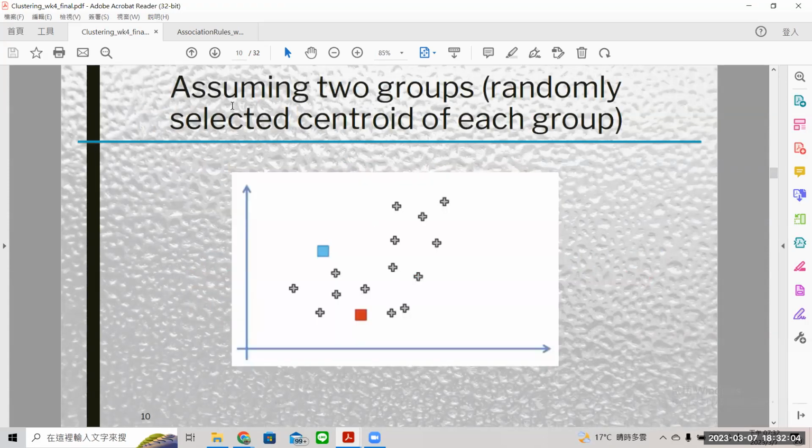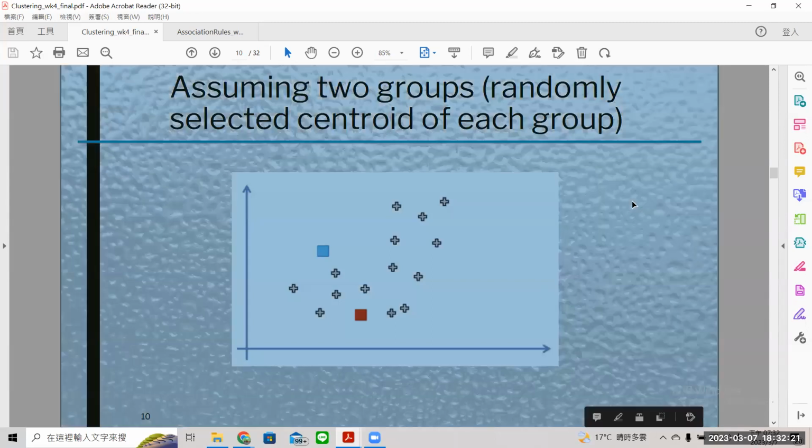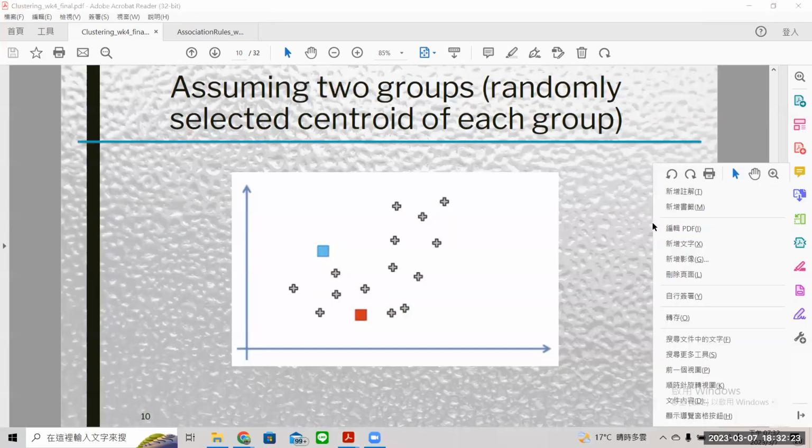Assume we have 2 groups, and of course, once you decide, because the assumption is subjective, for example, let me show you. I use this one. No, this one, sorry.